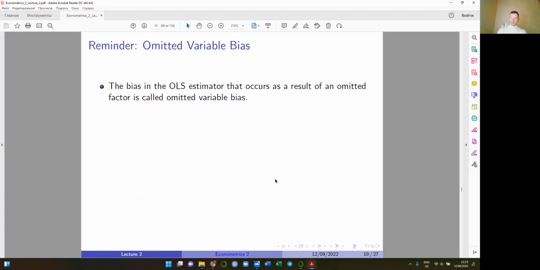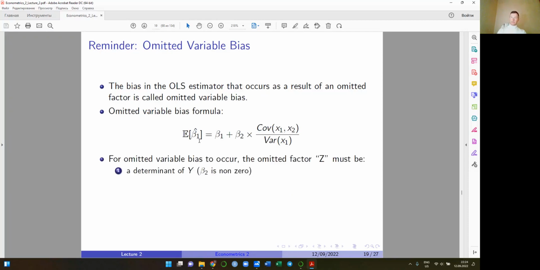So let's start first to remember more deeply what the omitted variable bias is and how it arises. This bias occurs when we omit a factor that is, first, correlated with one of the included regressors, and second, a determinant of the variable of interest.